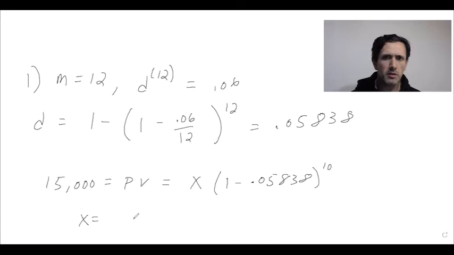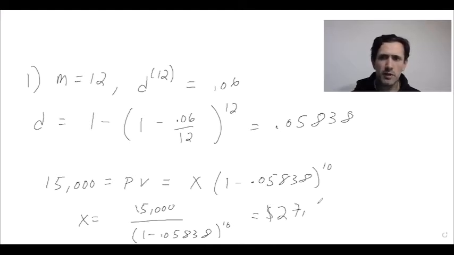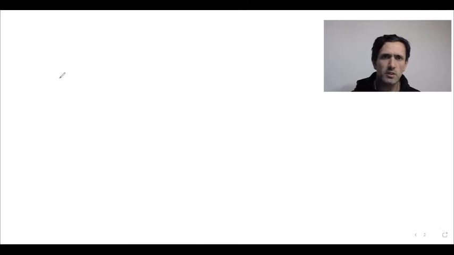So my liability is 15,000 over 1 minus 0.05838 to the 10, which if you put this in your calculator will be 373 and 76 cents. Right, so let's do 2.